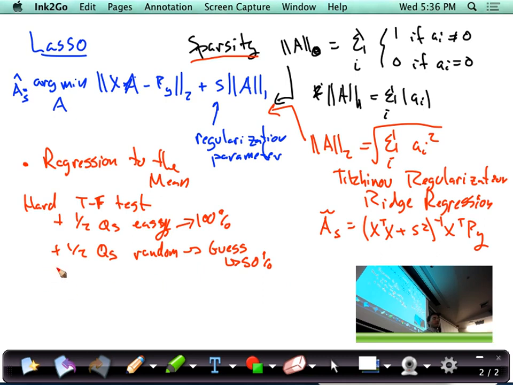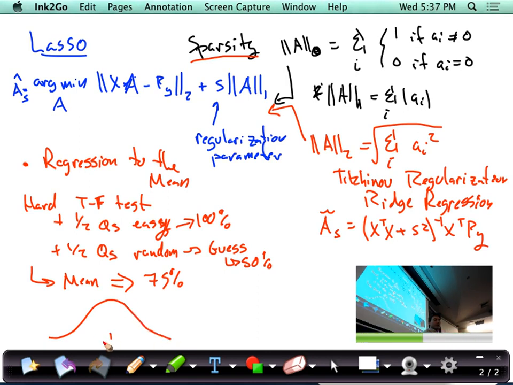So what is the average score going to be? The mean score of the class, hopefully, would be 75%. Because people would get 100% right on half the questions, and on the other half they'll get those right half the time. But if you look at a class, because everyone guesses, you're going to get some sort of distribution.